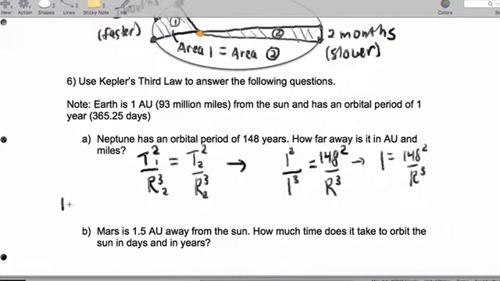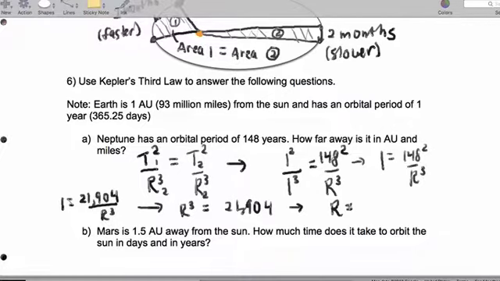So 1 equals 21,904 over r cubed. We'll multiply both sides by r cubed, so we'll get r cubed equals 21,904. And when we take the cube root, r is going to end up equaling 27.97 AU, or about 28 astronomical units.